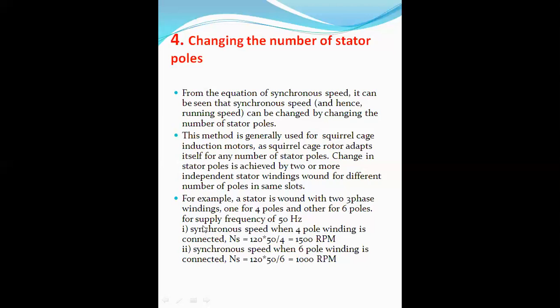For a supply frequency of 50 Hz, the synchronous speed when the 4-pole winding is connected, using the formula Ns equal to 120 F by P, is 120 into 50 by 4, that is 1500 RPM. The synchronous speed when the 6-pole winding is connected is 120 into 50 by 6, that is 1000 RPM. So it is seen that by changing the number of stator poles, the speed can also be changed.